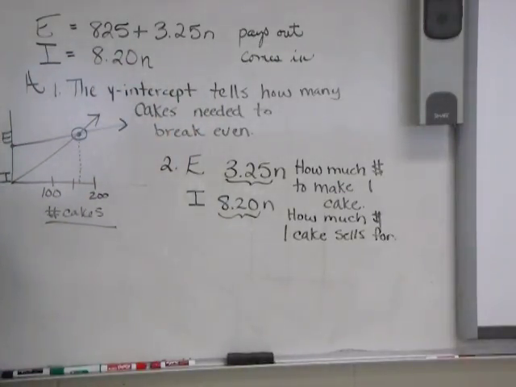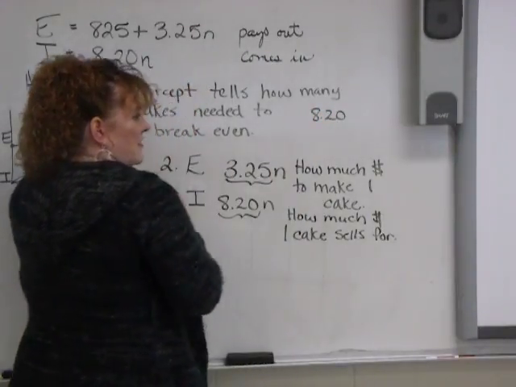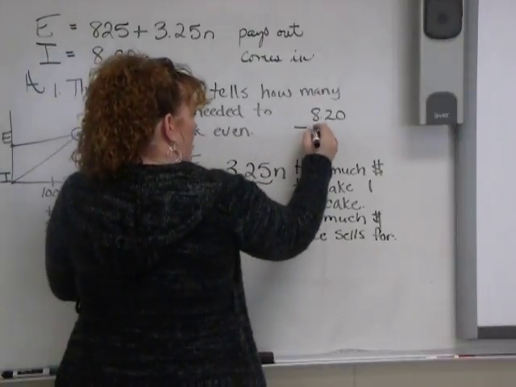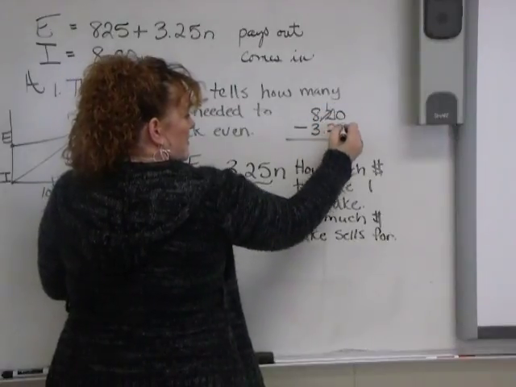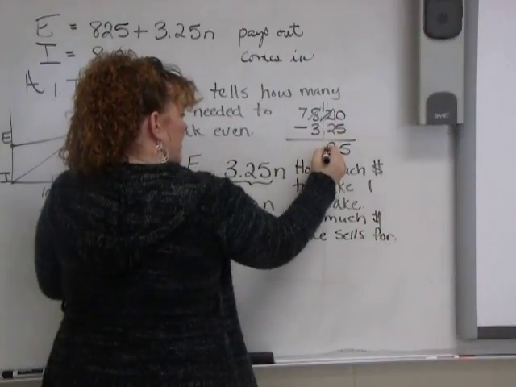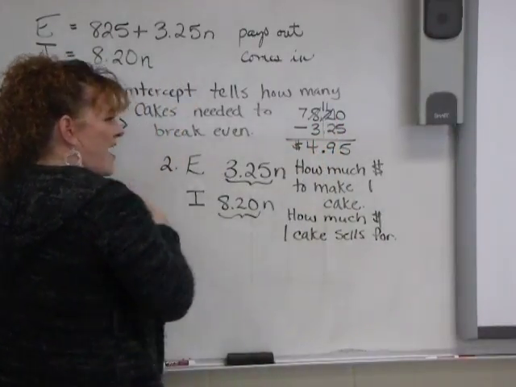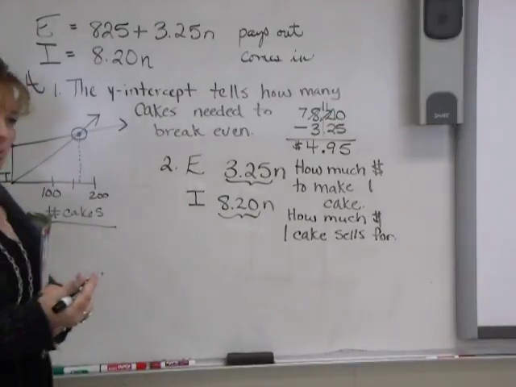Can I find how much profit I'm going to make on one cake by the information that I already know? If it costs $8.20 to buy one, and it only costs $3.25 to make it, then I'm making $4.95 for each cake I sell as profit.